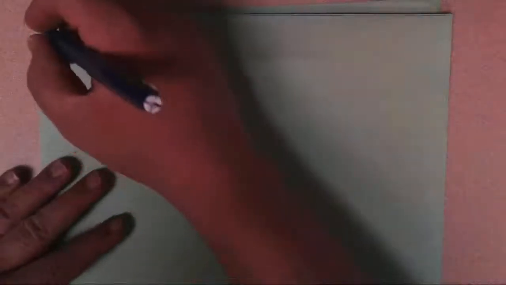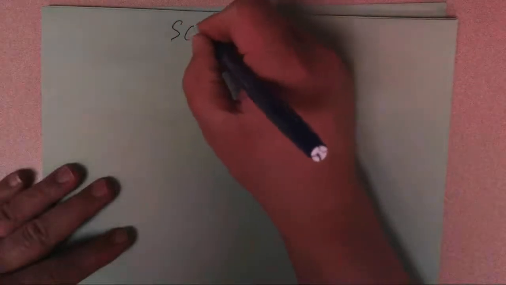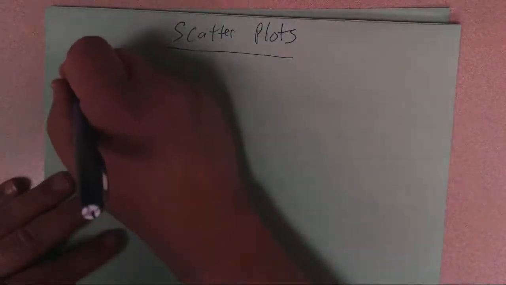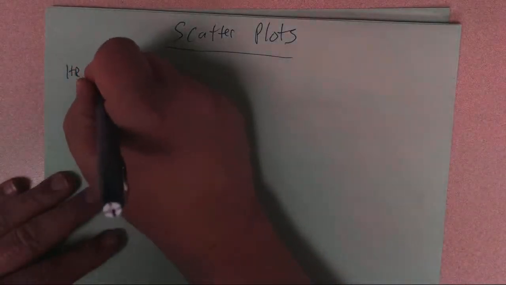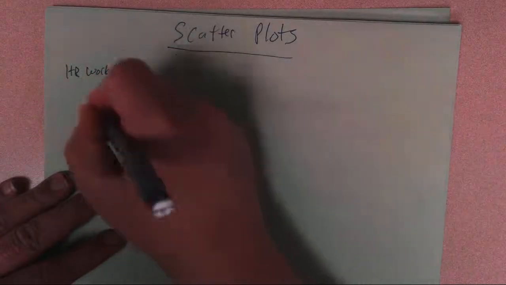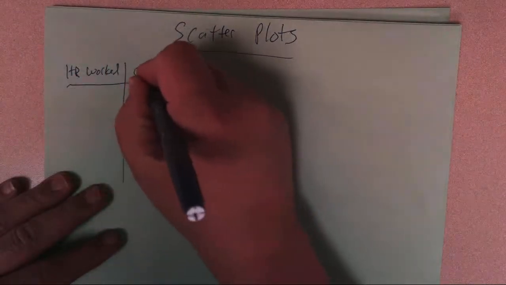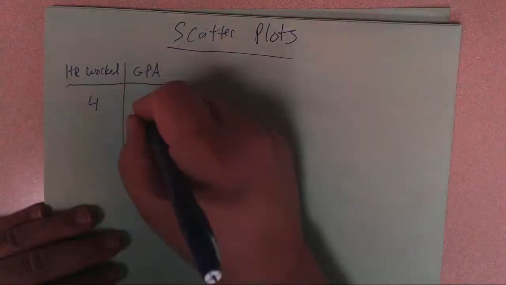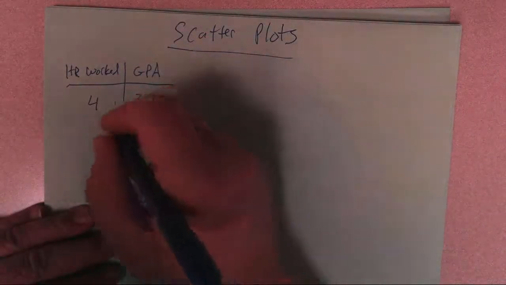So I'm going to graph this here. Let me put the data here. So this is scatter plots. And the data, this is hours worked and GPA. So we've got 4 hours, 3.78.